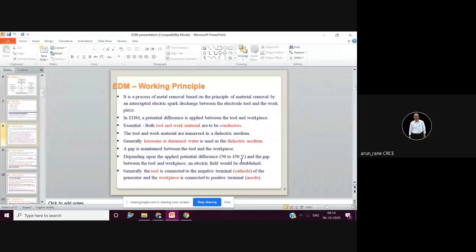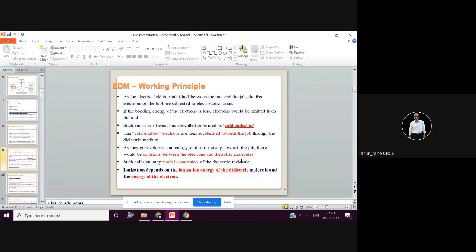So the electrons coming out of the tool, carrying negative charge, get attracted toward the workpiece and are bombarded toward it. So the erosion takes place. This emission of electrons is called cold emission.